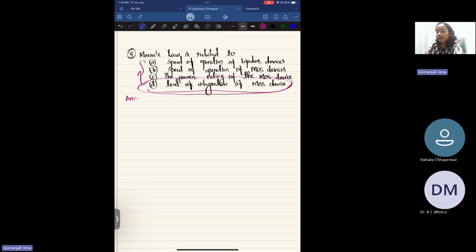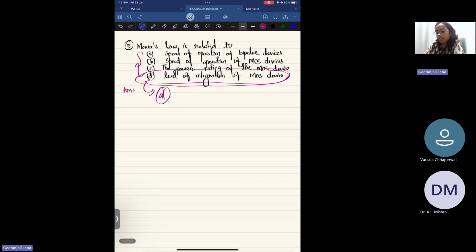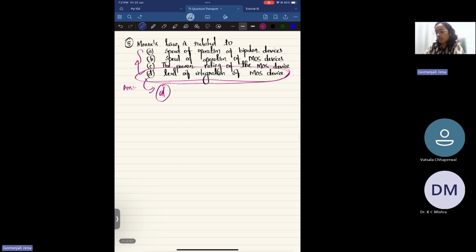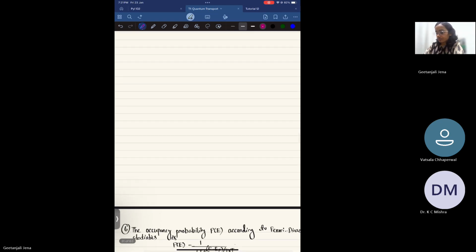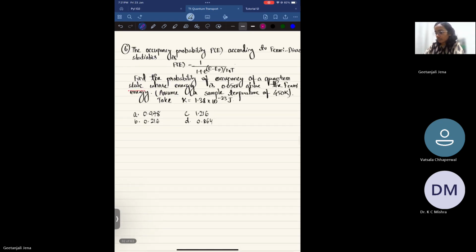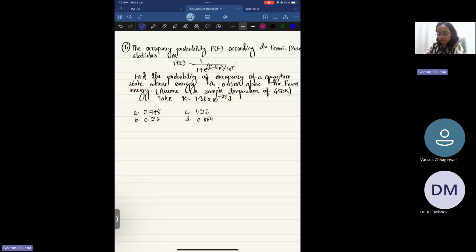So it is related to the level of integration because the transistor count is doubling, so level of integration is getting increased. So the answer would be option D. It's not related to speed or the power rating.